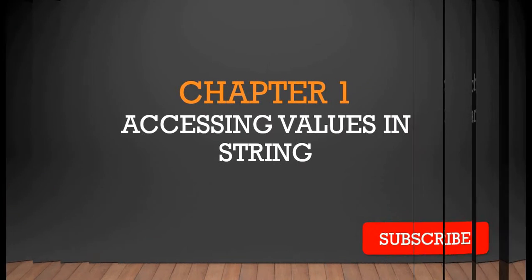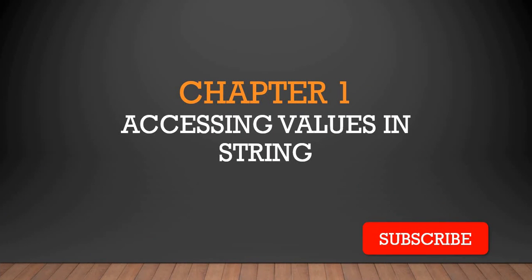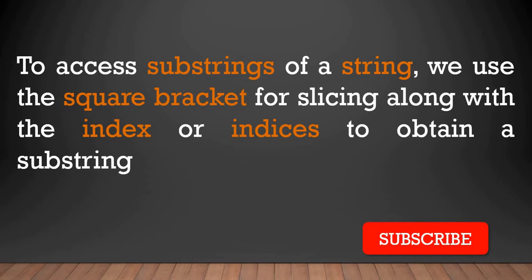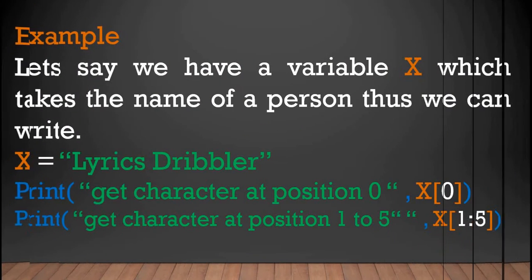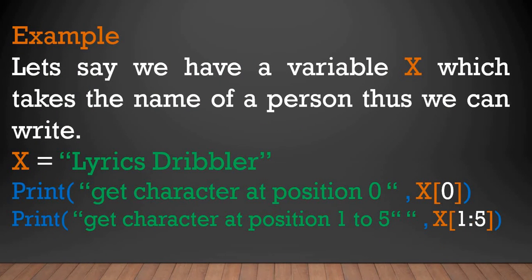So in chapter 2, accessing string variables. Remember in Python, to access substrings of a string, we use the square bracket for slicing along the index value, or indices, to obtain the string. This is possible because strings in Python are stored as arrays.